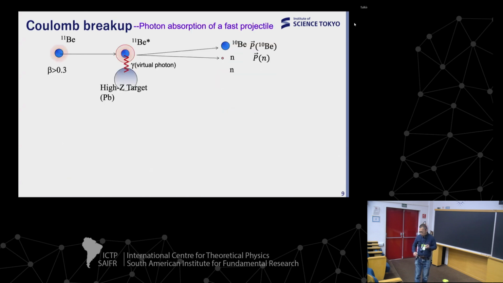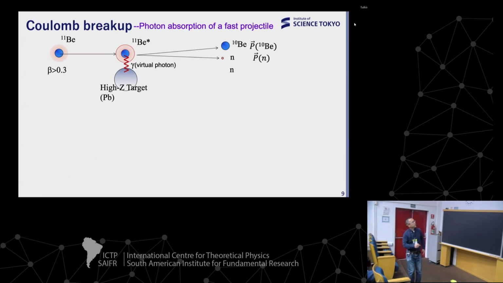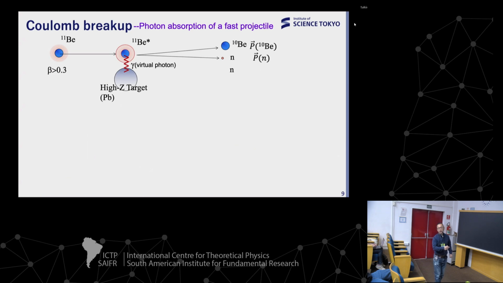So we'd like to know which is the most probable explanation for this excitation mode. So what we did is a Coulomb breakup for beryllium-11.